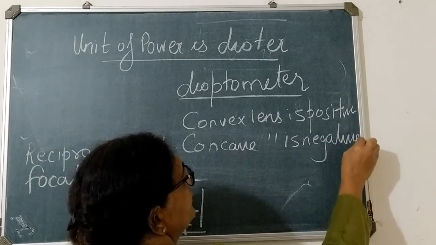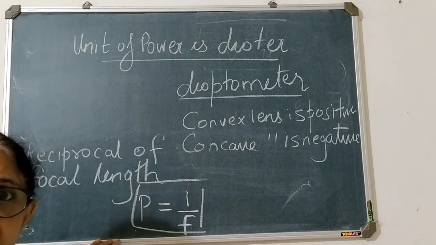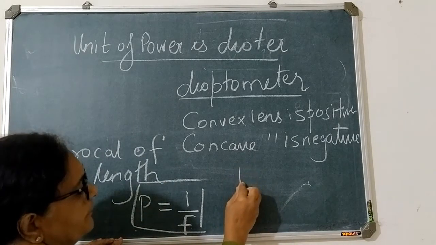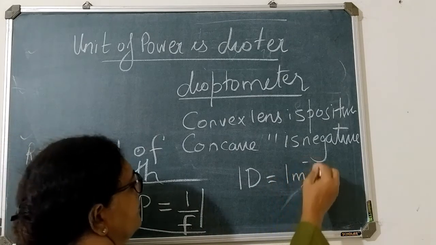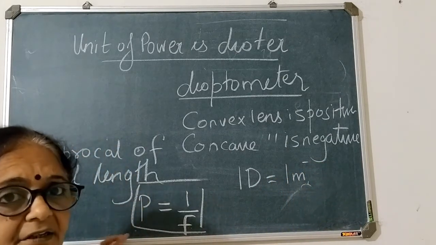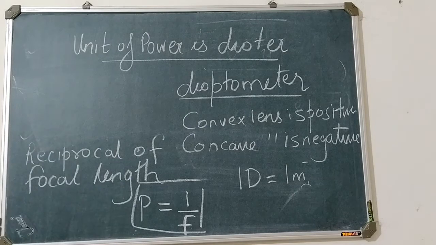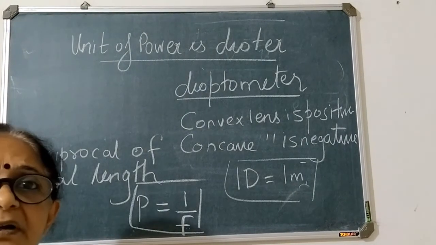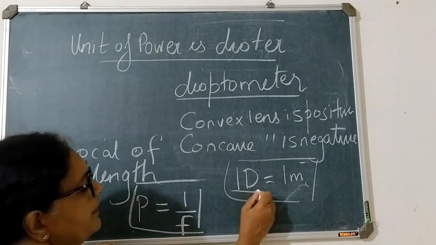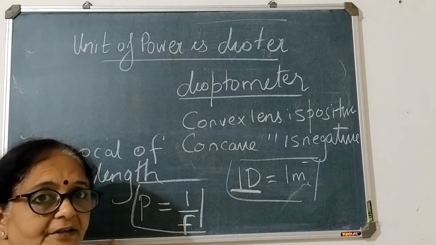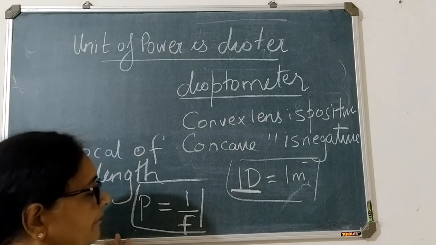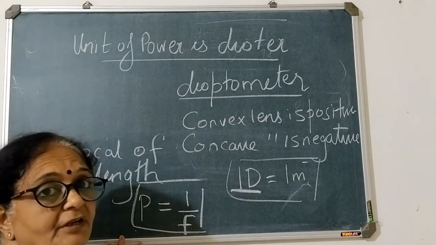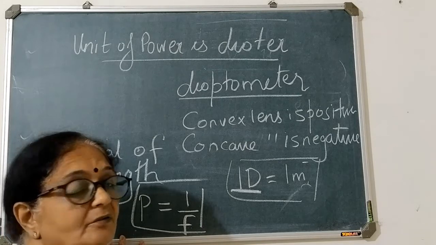So this is what you will remember about power, and you can represent like this: 1 diopter is equal to 1 upon 1 meter. Okay, so 1 diopter is the power of a lens whose focal length is 1 meter. I repeat, 1 diopter is the power of a lens whose focal length is 1 meter.